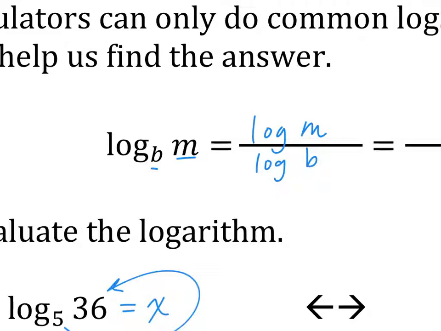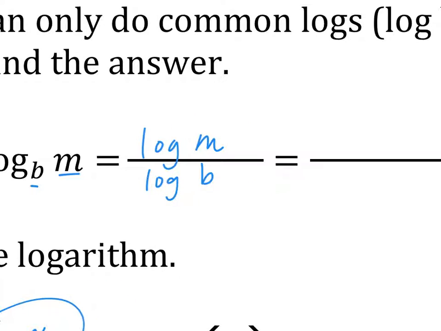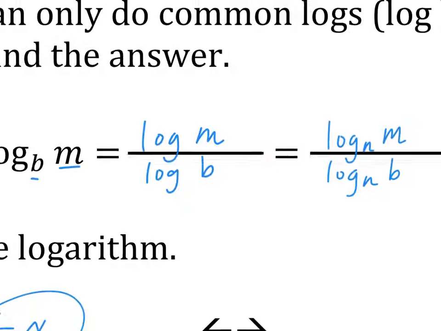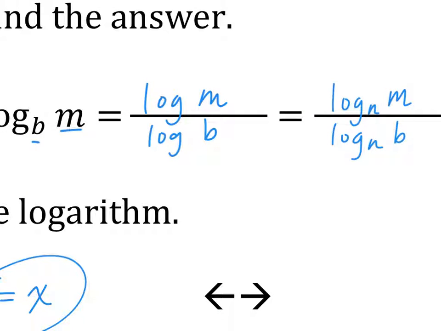That's what we're saying. Or in general, we can use any base we want, just not the base that we started with. Okay, for example, the one we just did.